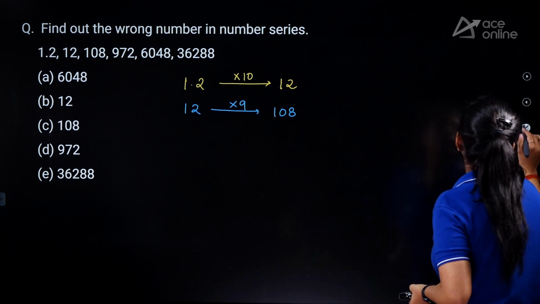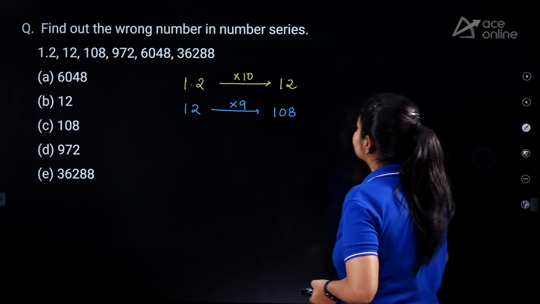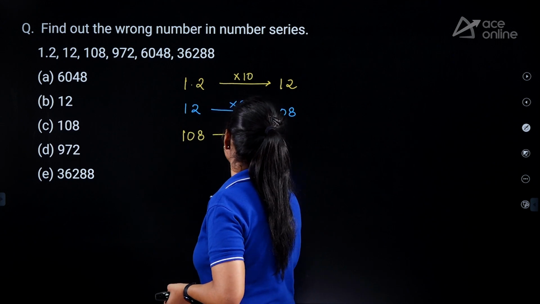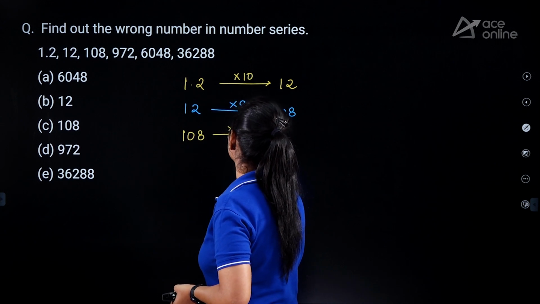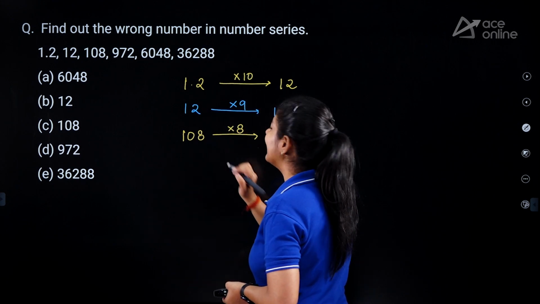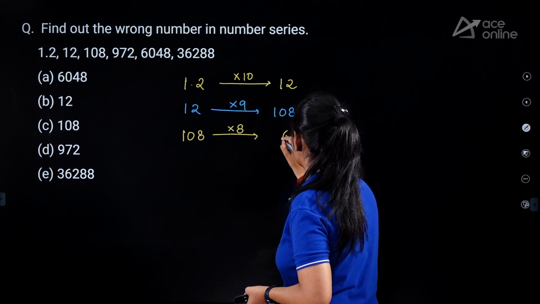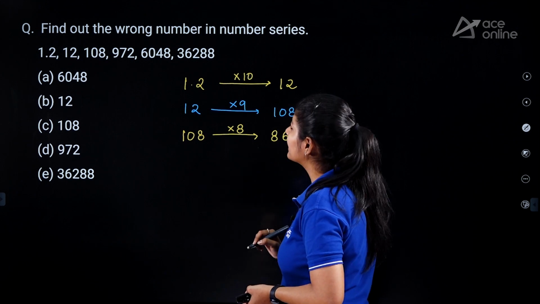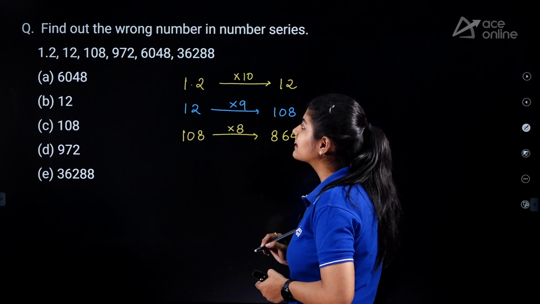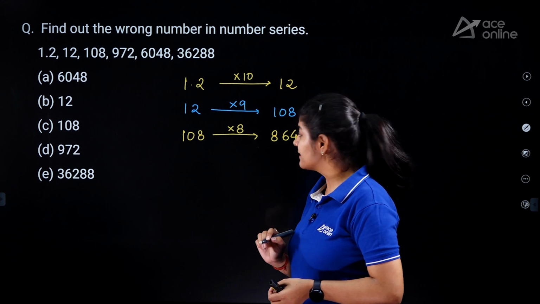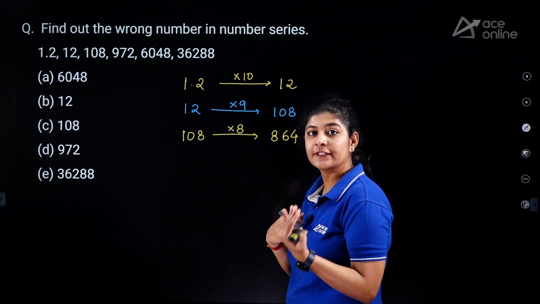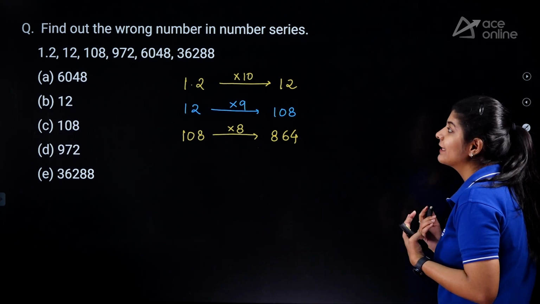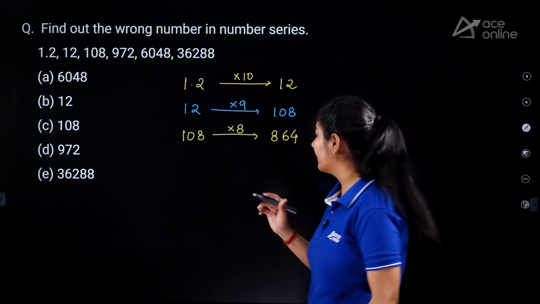Okay. So just simply check. So here I'm having 108, and when I multiply my 108 by 8, what am I getting? 8 into 8, that is 64, and 8 into 1, that is 8. So here I am getting 864, not 972, but I need to check the further calculations as well, so that I can make sure that I am picking up the correct number.